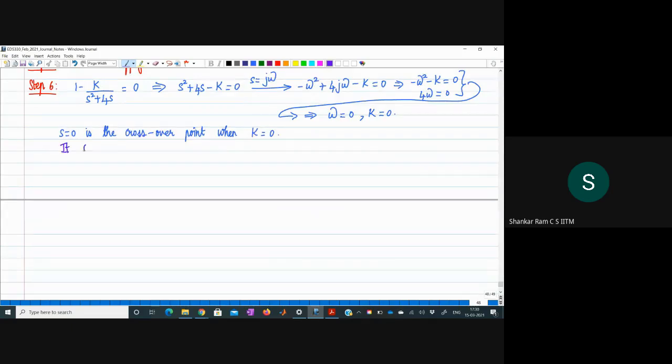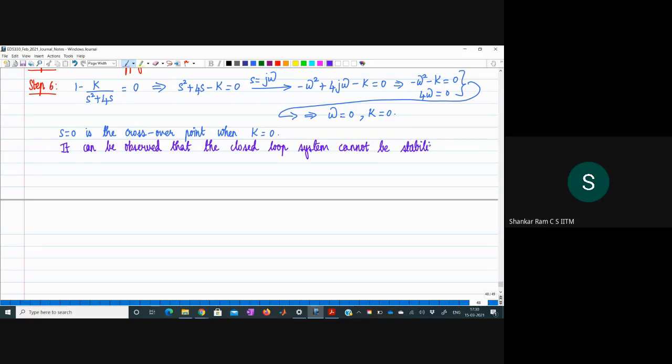It can be observed that the closed loop system cannot be stabilized. Does it mean for all conditions, or only for the specific condition?